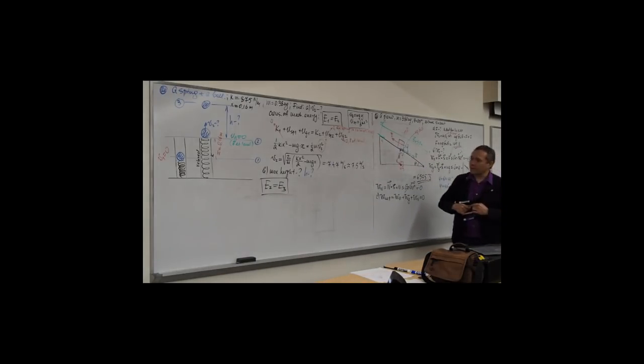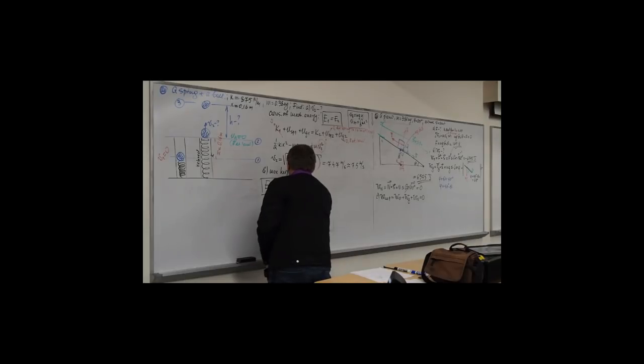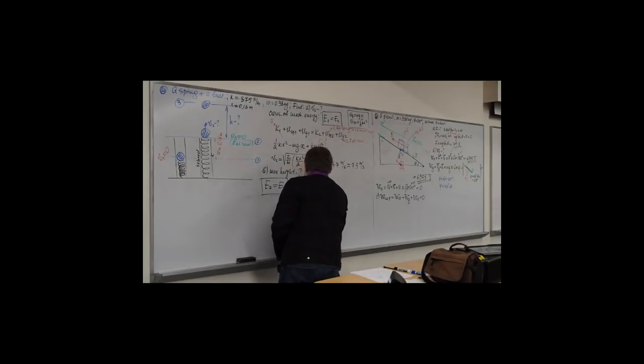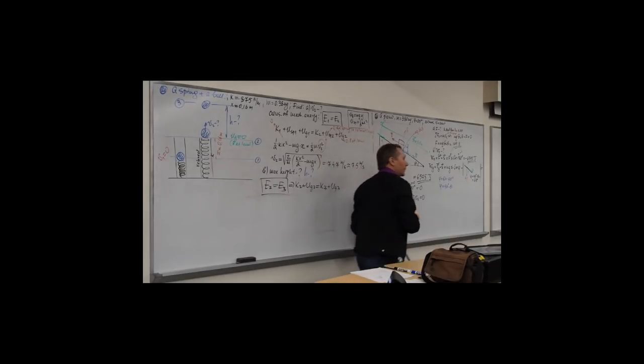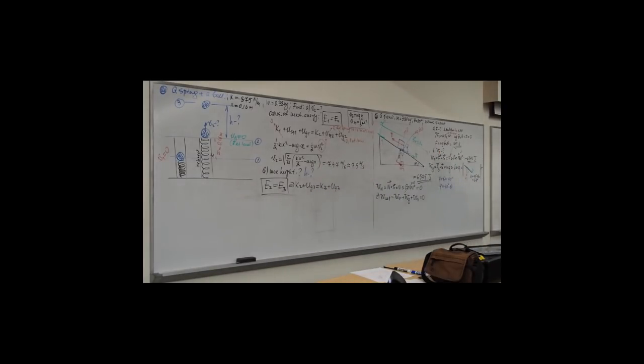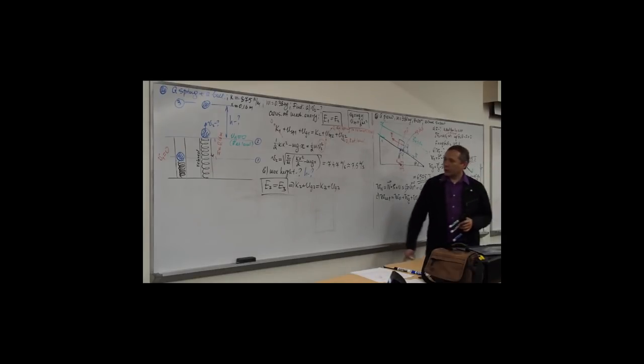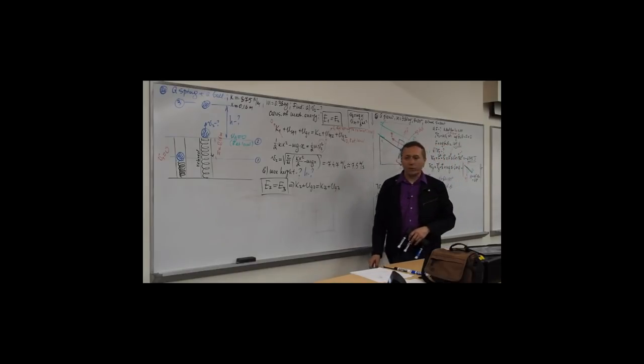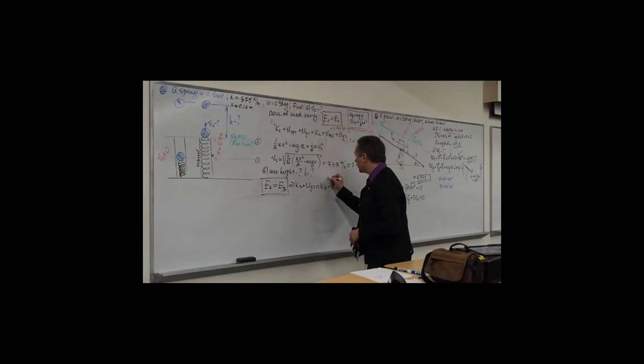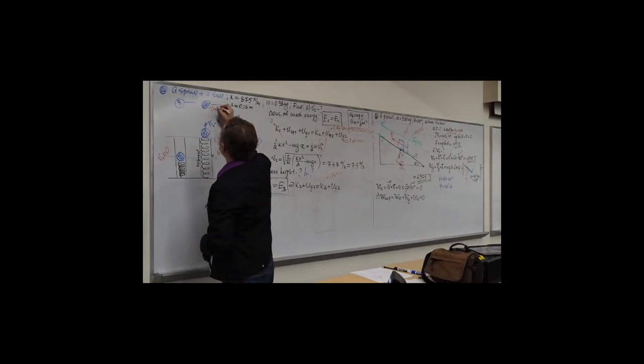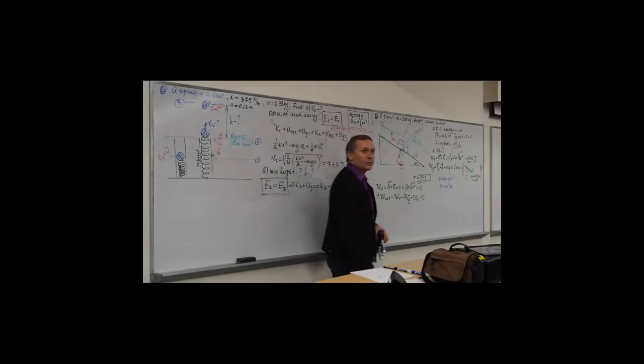It will be K2 plus U gravitational 2 equals K3 plus U gravitational 3. What can you tell about kinetic energy at point 3? It's 0, because at the maximum height it will stop for a moment. V3 equals 0, and we know this from the physical situation.